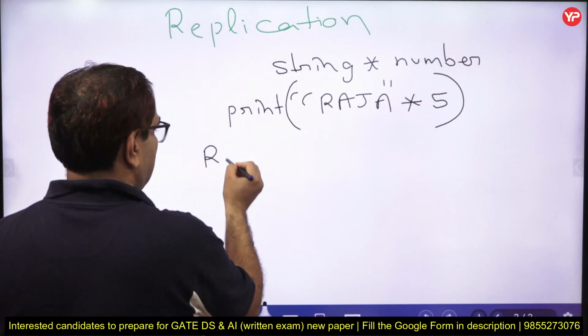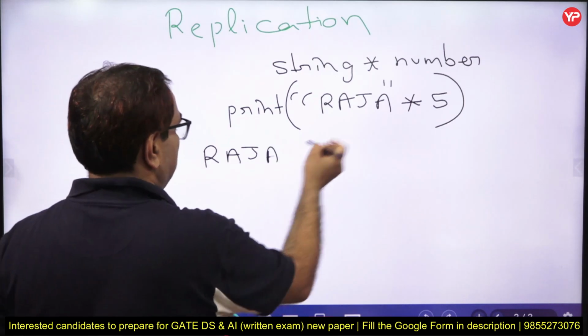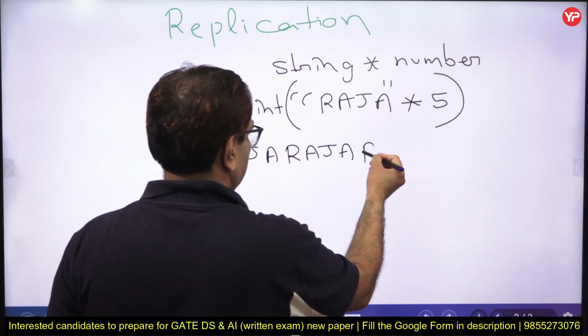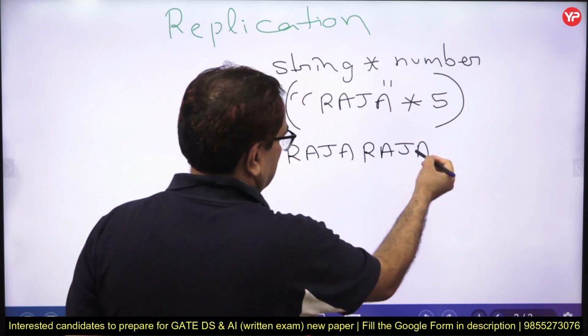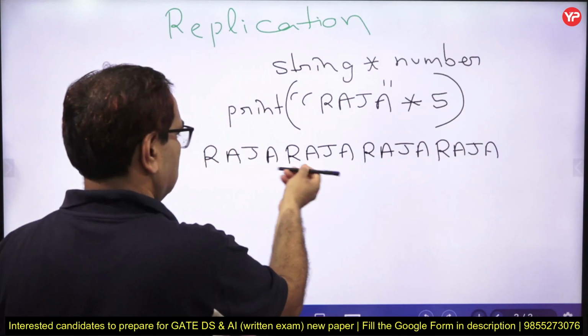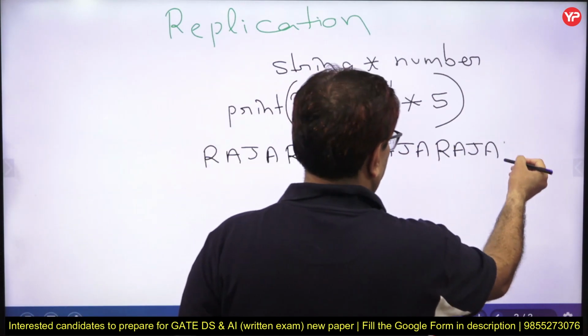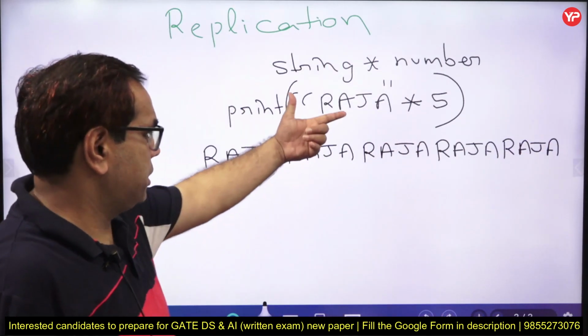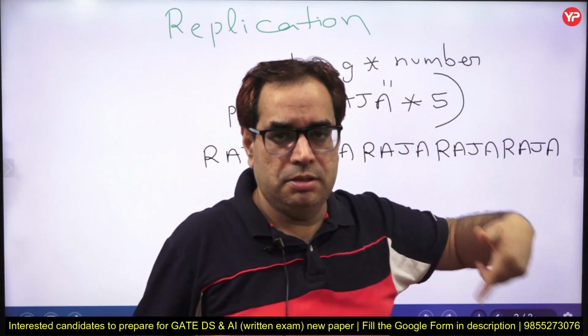We will get RAJA 5 times: 1, then 2, then 3, then 4, then 5. So this string is printed 5 times in sequence.